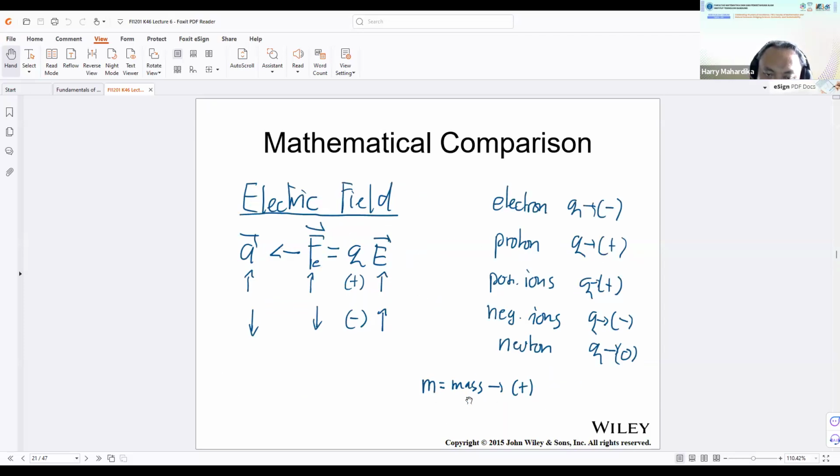We also consider the mass of electrons, protons, and ions, including negative ions; mass will always be positive. Even a neutron still has its own mass, usually larger than the mass of an electron.